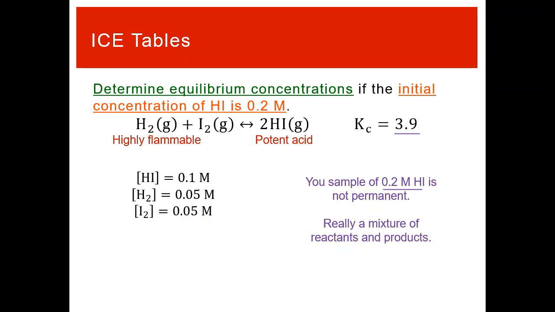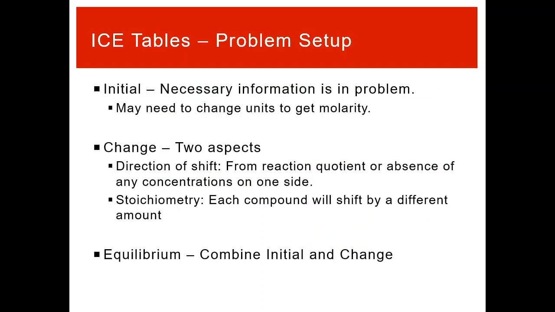You want to be concerned with that type of safety. There are ideas similar to that we want to be mindful of when working with any sample that is potentially undergoing chemistry passively. It's not just going to stay HI, it's going to react and form this H2 and I2 as well.